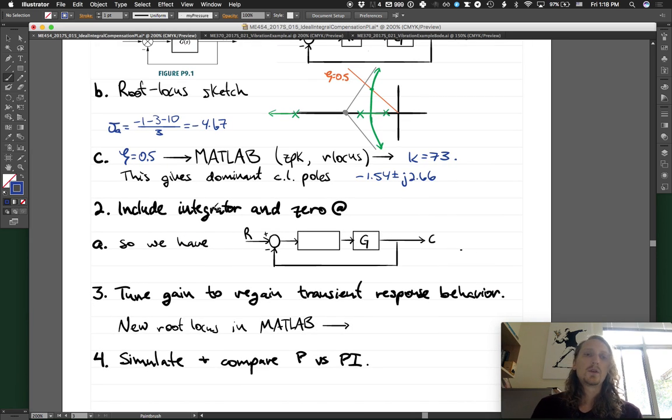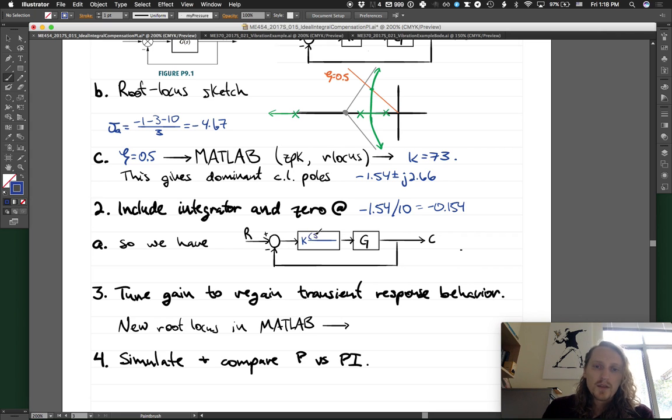So we're going to include the integrator and the zero. The zero is going to be at negative 1.54, the real part, divided by 10, just to get us started on our design, which gives us negative 0.154. So our design is going to be K, some new value of K. We could use the old K and we'll probably be close, but we wanted to get the new one.